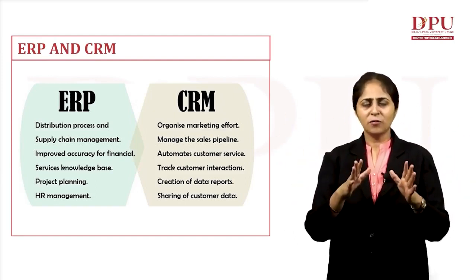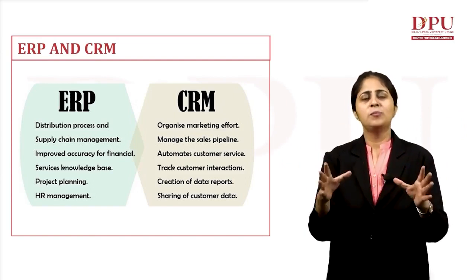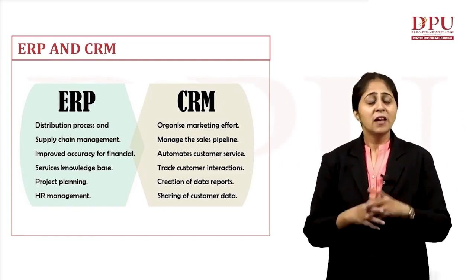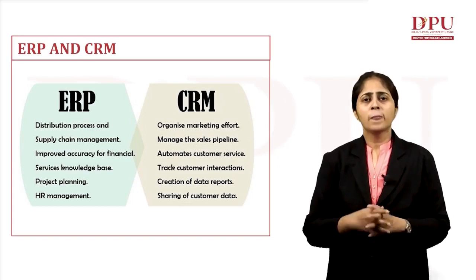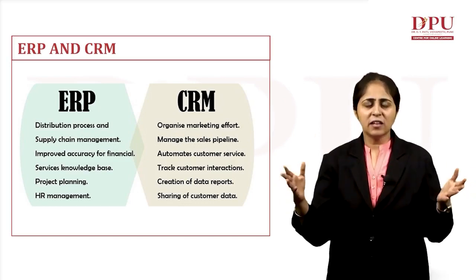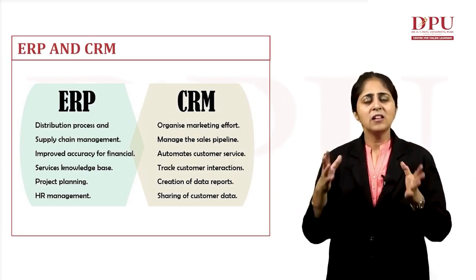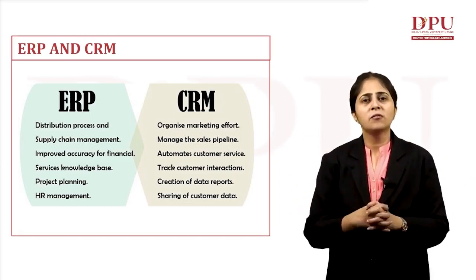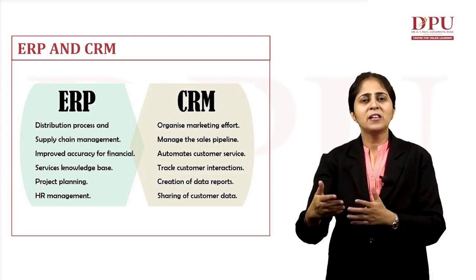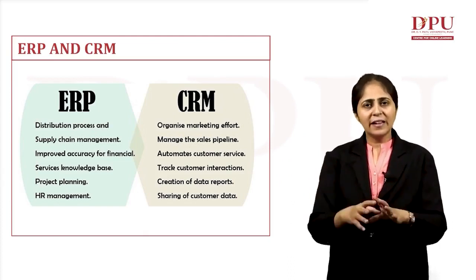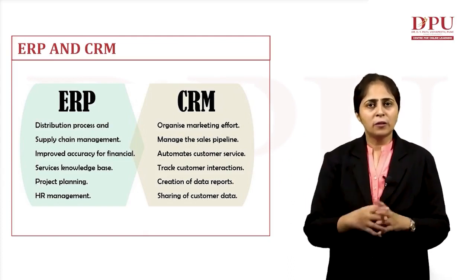So let us first understand in brief the objective of these three things. ERP, what does it do? ERP collects the data from the various departments of the organization, helps in the analysis of the data, and properly communicates this data from one department to another.